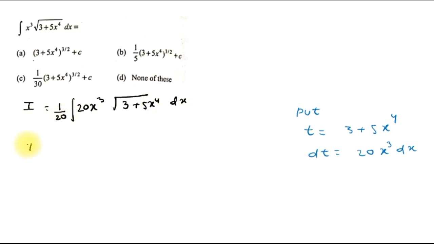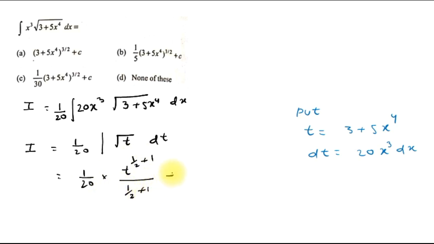So this integration can be written as 1 over 20 integration of under root t dt. Now integrating this, we get 1 over 20 into t to the power half plus 1 divided by half plus 1, plus integration constant c. This is equal to 1 over 20 multiplied by 2 over 3 into t to the power 3 by 2 plus integration constant c.